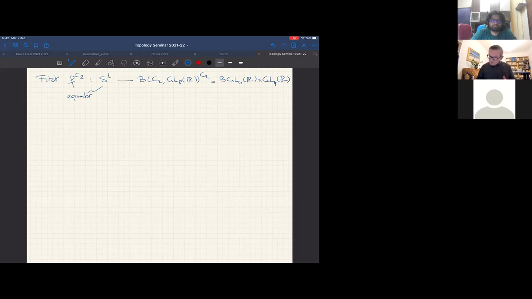So this is an element in pi1. Pi1 of this classifying space is Z mod 2 times Z mod 2. So it's not always trivial, but Floyd showed that the normal bundle was actually twice a bundle.